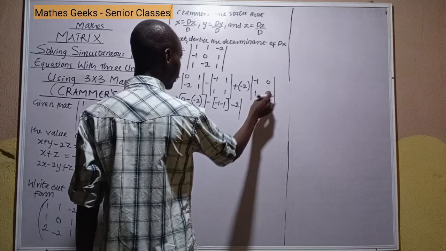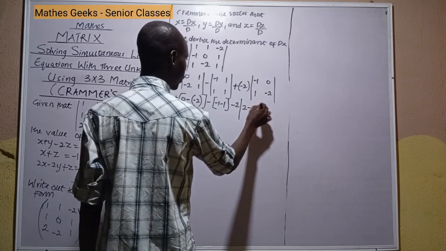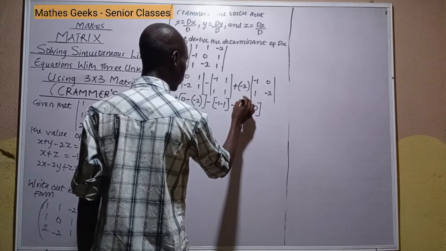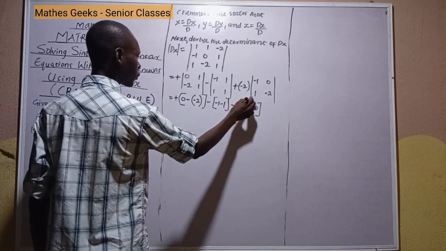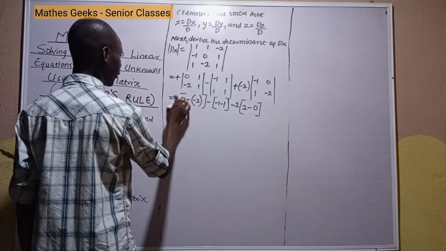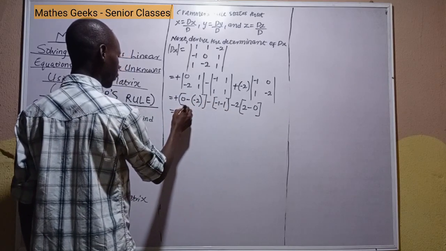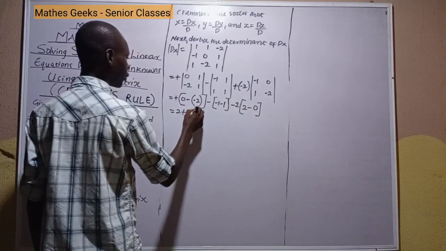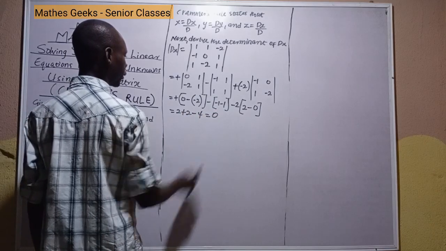So minus 1 times minus 2 is 2, minus 0 times 1, 0. Minus times minus is plus 2 times plus 1 is 2. Minus 1 minus 1 is minus 2. Minus 2 times minus 1 is plus 2. 2 minus 0 is 2. 2 times minus 2, minus 4. So 2 plus 2, 4. 4 minus 4 is 0.